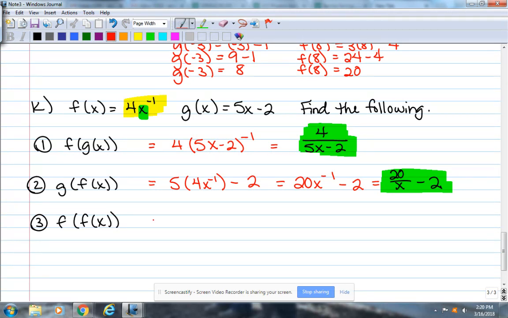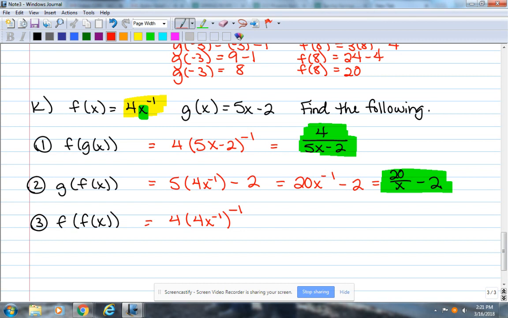Which means I'm going to take the whole thing that's yellow and substitute into the green. So I'm going to say 4 parentheses 4x to the negative 1 raised to the negative 1. Does that make sense? I took f of x, which is this part, and I put it into the x for f of x. Does that make sense?